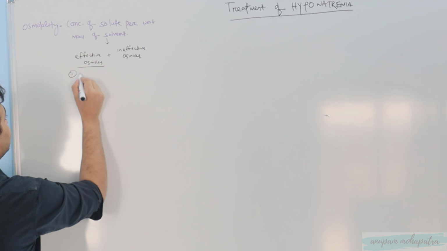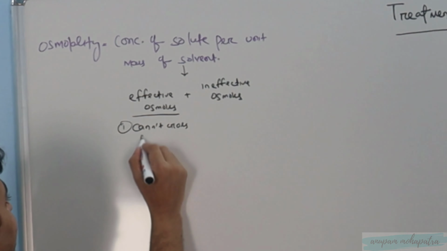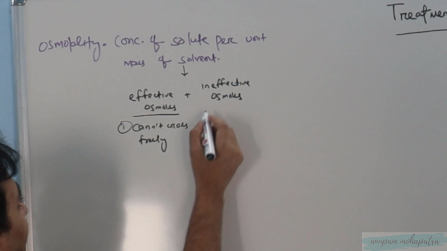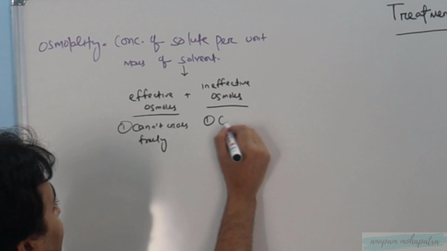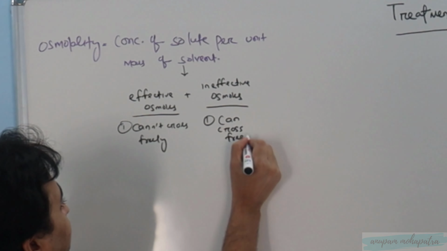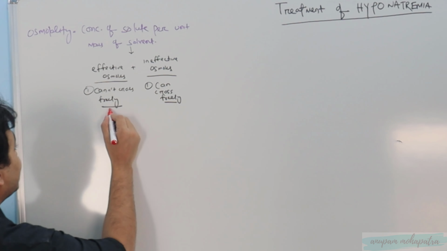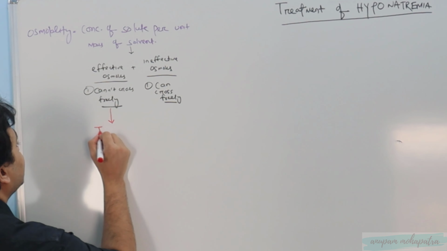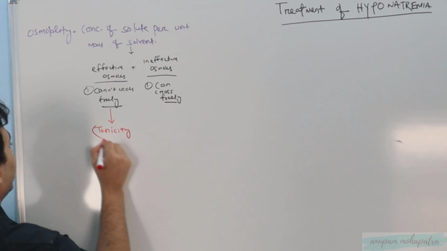And what are ineffective osmoles? Those which can cross freely. The substances which cannot cross freely decide the tonicity of that compartment.